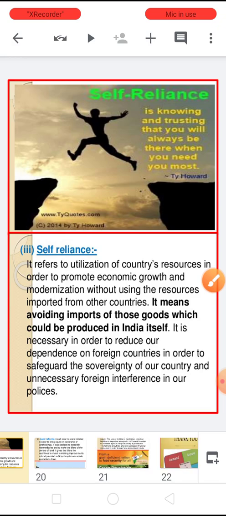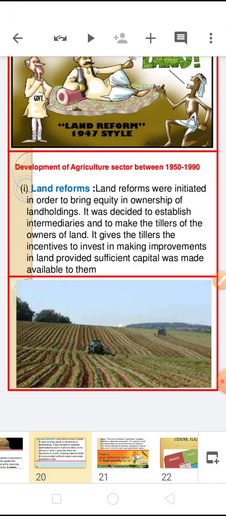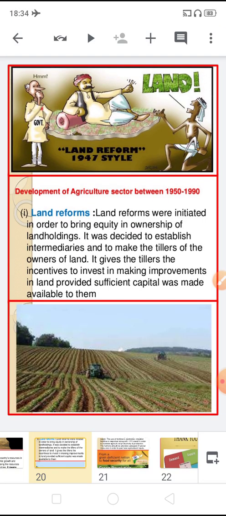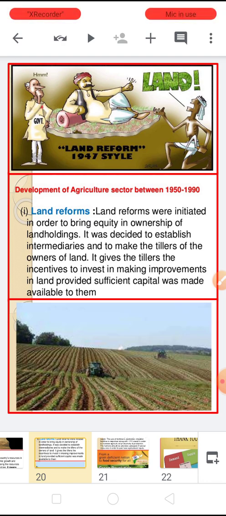So this is basically the next one. Children, the land reforms system was also one of the prime goals of Indian planning. As you all know, there was always a gulf between the tillers of the soil and the owners of the soil.